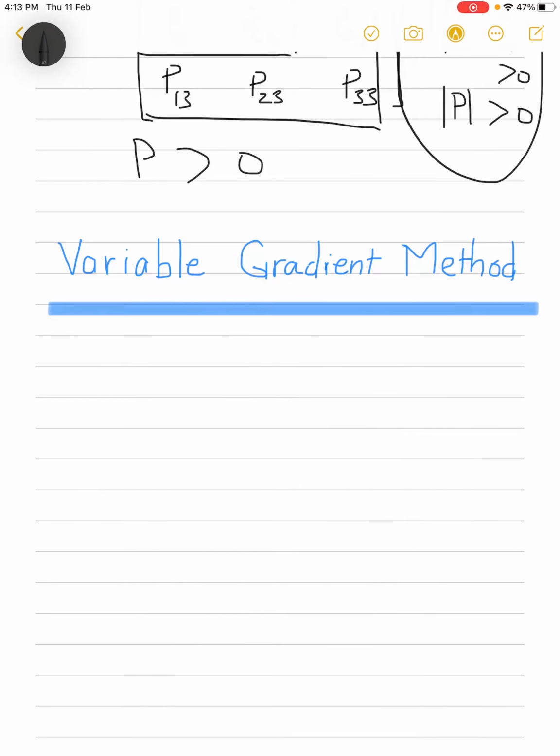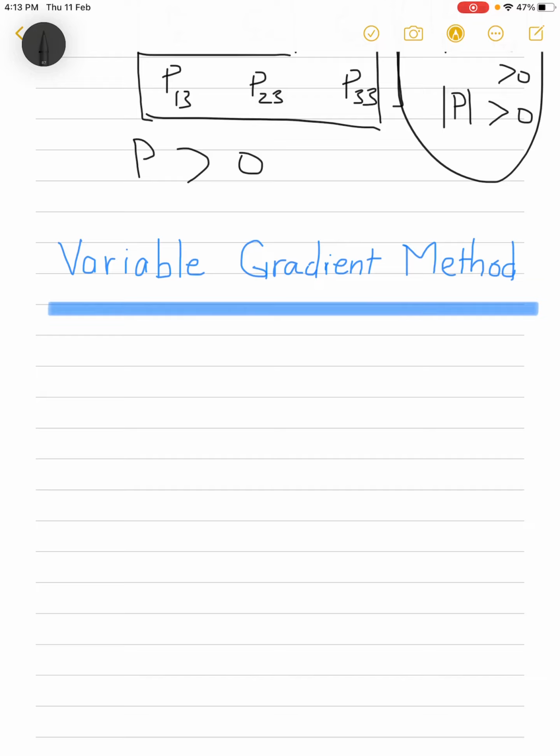One of the techniques that could be systematically used to derive a Lyapunov function is the variable gradient method, and this technique could be well applied to small scale problems.